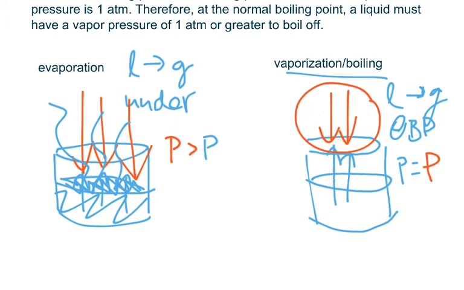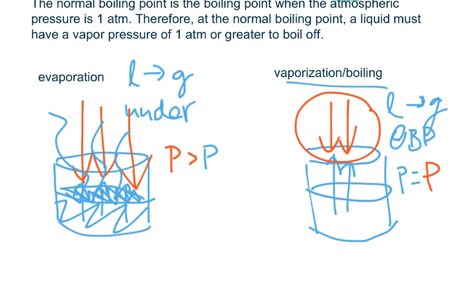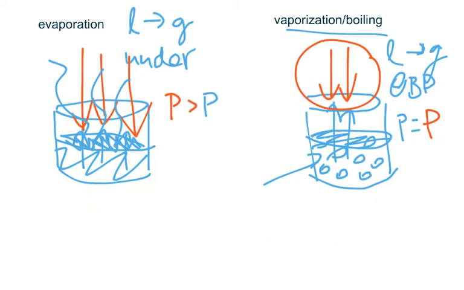So what ends up happening in boiling is that instead of it being just on the surface, boiling occurs all across the liquid. So the liquid itself, no matter where you are in the container, has enough vapor pressure to overcome the atmospheric pressure, and because of that, unlike evaporation, boiling involves the entire liquid boiling off and turning into a gas instead of just the surface evaporating. So that is the main difference between evaporation and boiling.